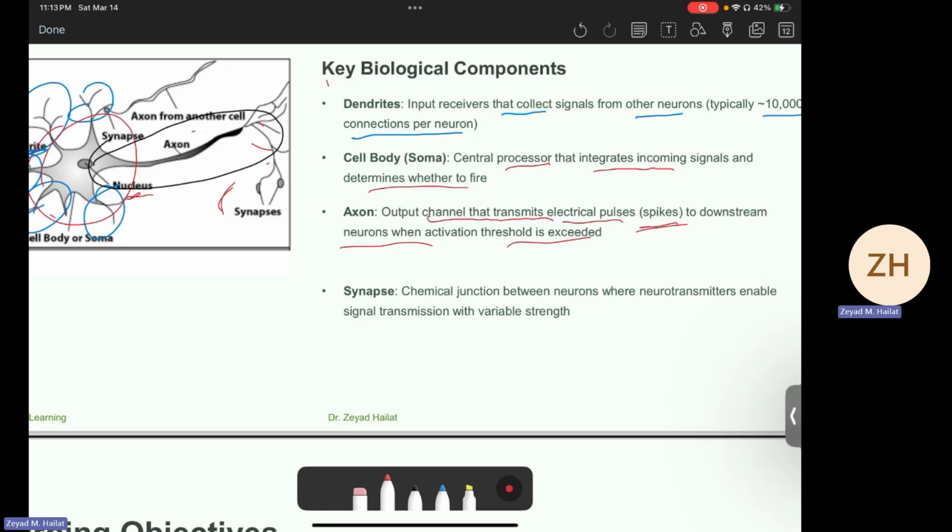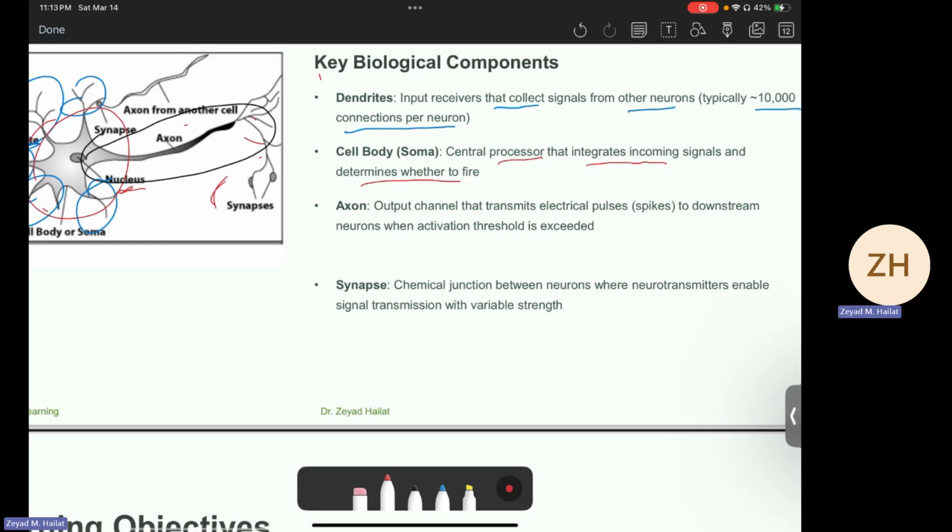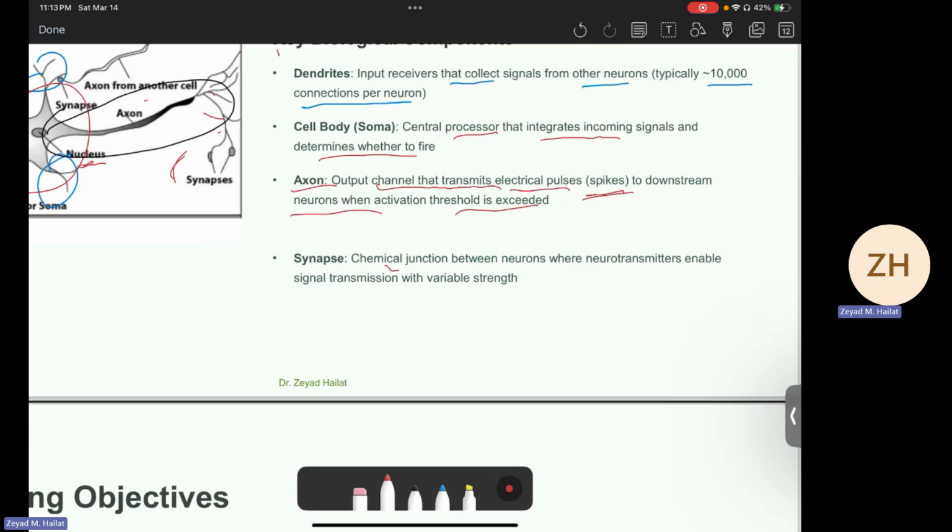So if a signal happens and it's above a certain threshold, as we have seen in the previous slide, an electric pulse will be transmitted from one neuron to the other, and this will be carried on in this axon. The synapse is a chemical junction. Junction means a connection.